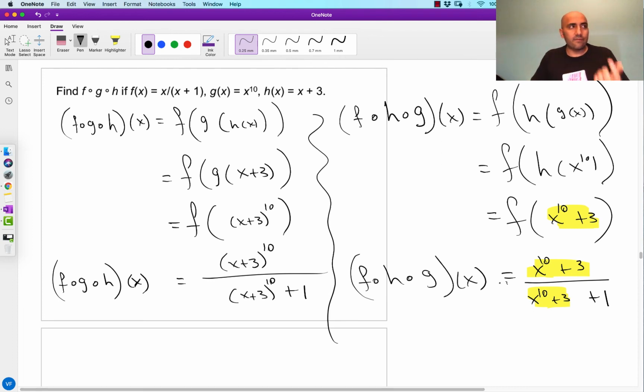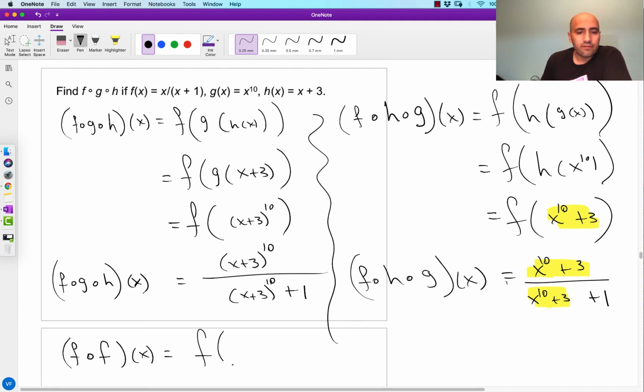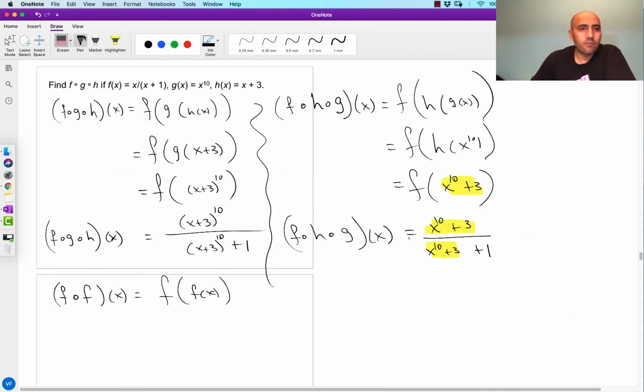We can also have the composition of the same letter. So we could have something that looks like this, f composed with f evaluated at x. This is f evaluated at f of x, right? Where the f of x is equal to x over x plus 1, right?